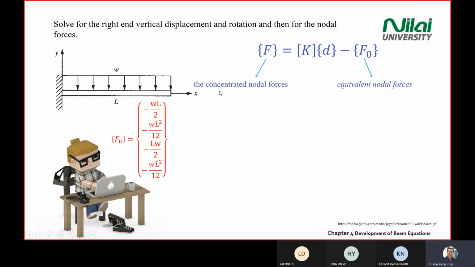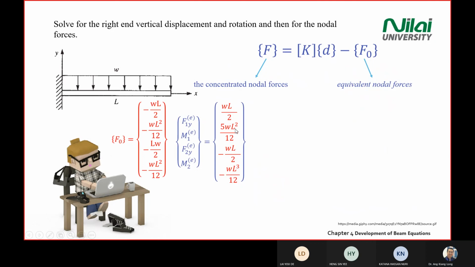So on the left will be the concentrated nodal force equal to KD minus your equivalent nodal force. You just put back what you have over there. You have your F0 on this side. And just now, when you solved your previous equation, you will get your F1y equal to this one, M1 equal to this one, F2y equal to this one, capital M2 equal to this one.